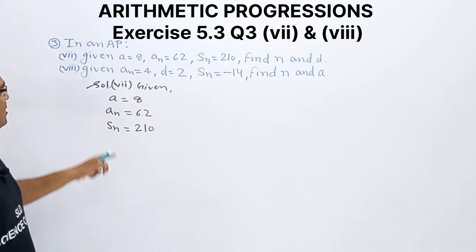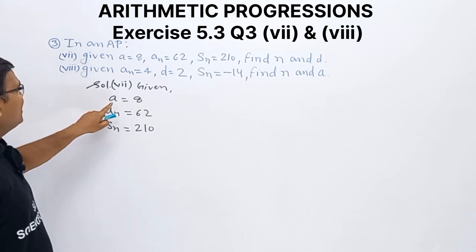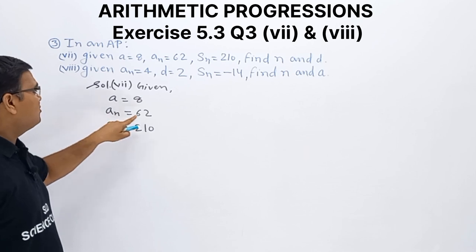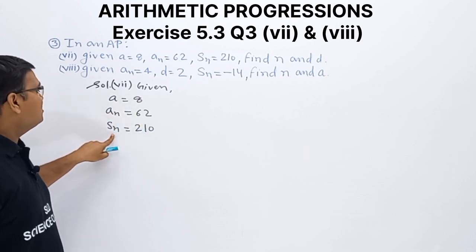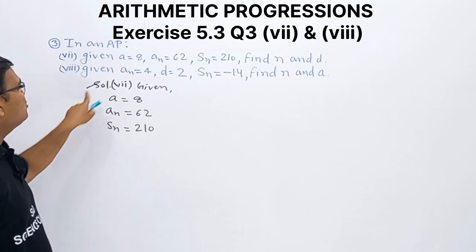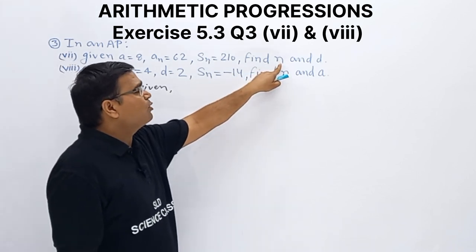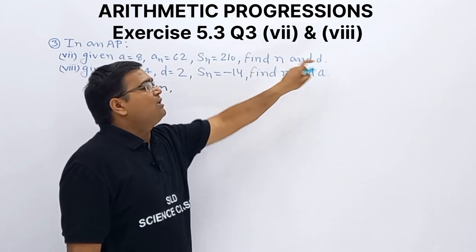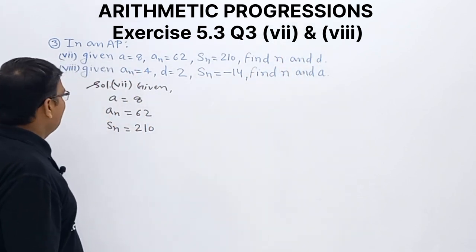Clear? In this question we have the first term of an AP is 8, the nth term is 62, and the sum of the n terms is 210. Clear? We want to find the number of terms in the given AP, and D, the common difference.